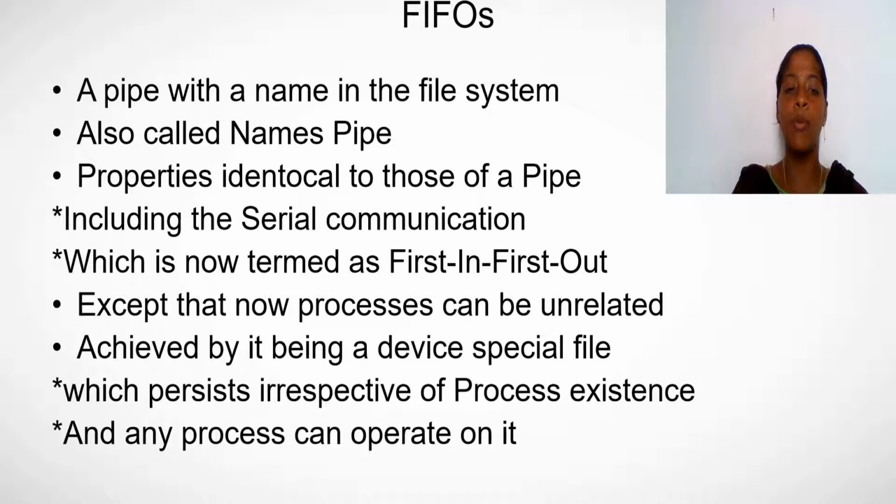Its properties are identical to those of a pipe, including serial communication, that is first in first out, except that now the processes can be unrelated, achieved by it being a special device file. FIFOs persist irrespective of process existence, and any process can operate on it. These are all about FIFOs.